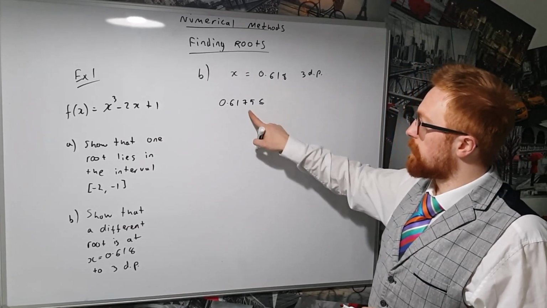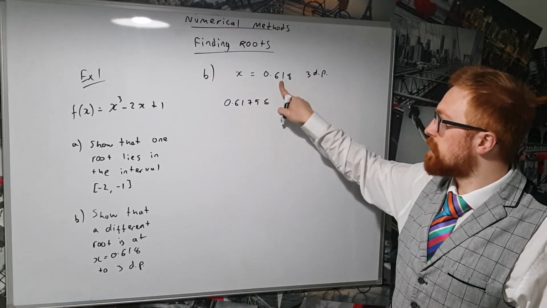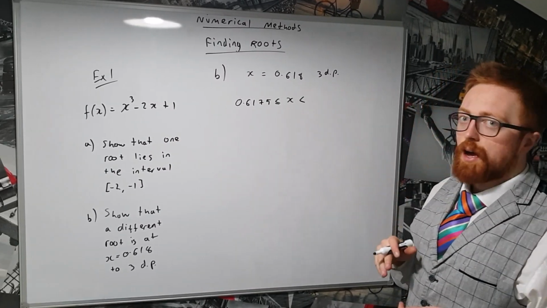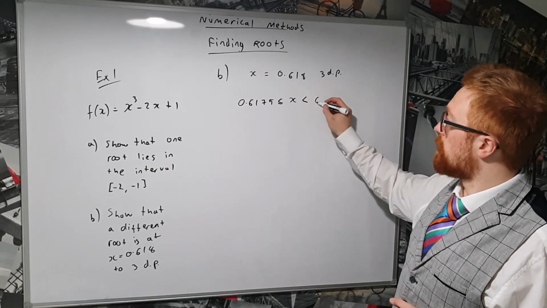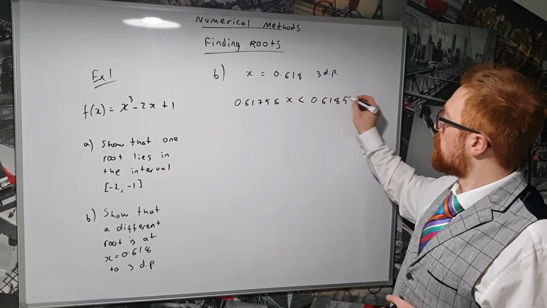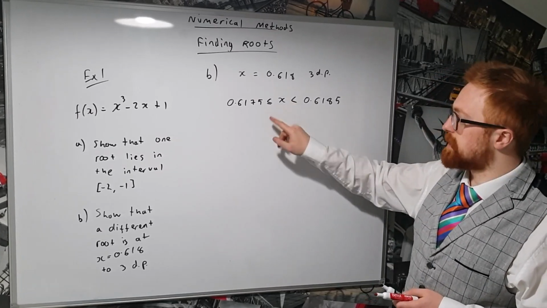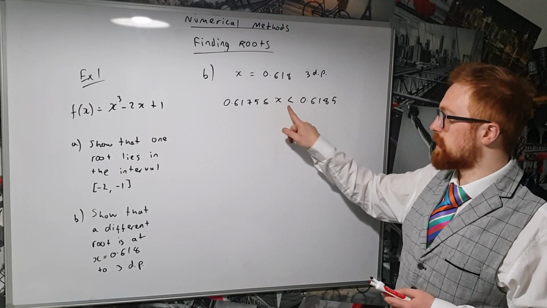0.6175 is the smallest it can be, because that or higher is going to round up to 0.618 to 3 decimal places, and similarly the upper bound is 0.6185. Notice the difference in the inequalities here. This one isn't a strict inequality and this one is.